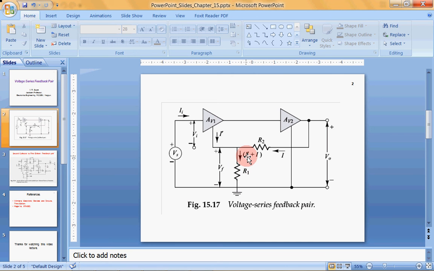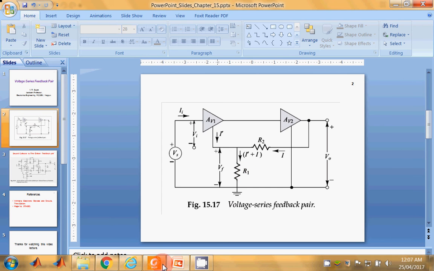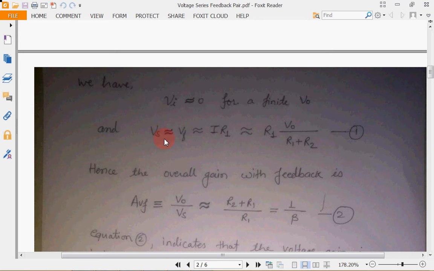That current is I prime plus I, but we have assumed that I prime is far less than I, and therefore Vf, that is the feedback voltage, will be approximately equal to R1 times I. So Vs is equal to Vf, that is approximately I times R1.